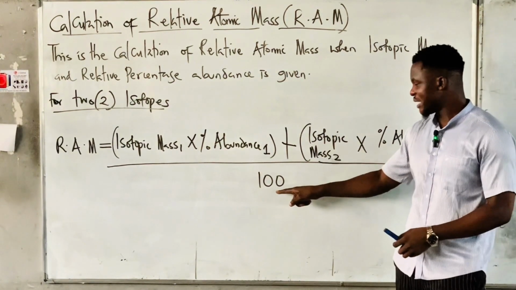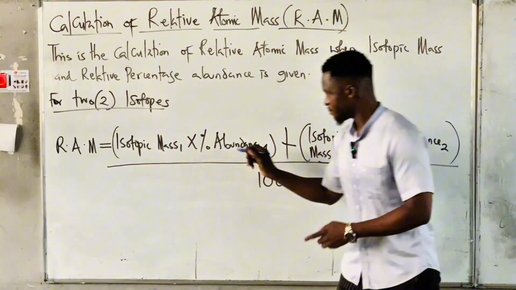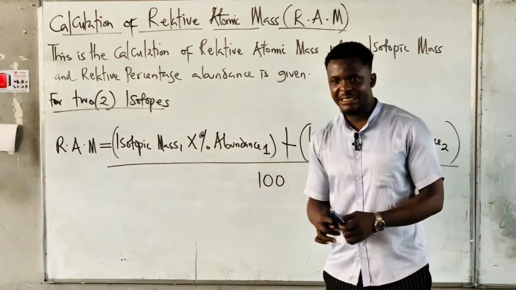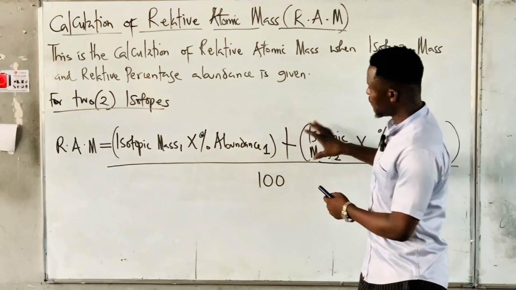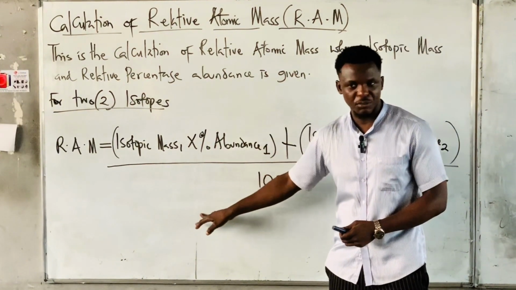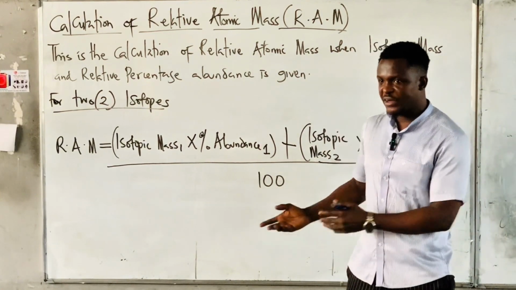Now, the reason why we said over 100 is because the abundance is given to us in percentage. If you add up the percentages, it's always going to give us what? 100, right? So even if they had given us three isotopes, I wouldn't bother myself, but in exams, you may solve questions that involve three isotopes. But it's very simple.